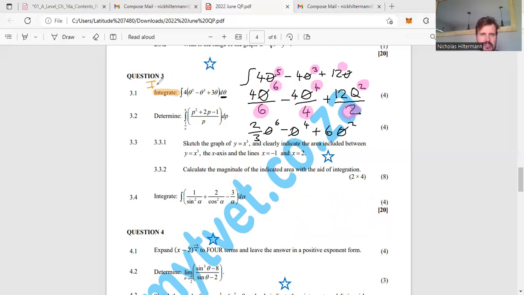This means indefinite, because I haven't got any numbers there. And this here is definite, because I've got a definite value here. So this is called the definite integral, because I've defined the region that I have to get the area between e and 1 over e. Now those are just numbers.